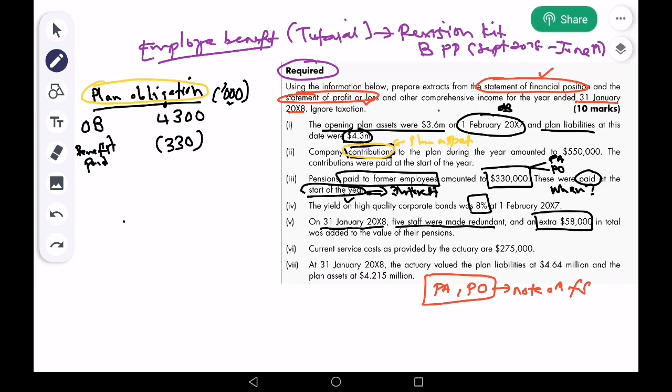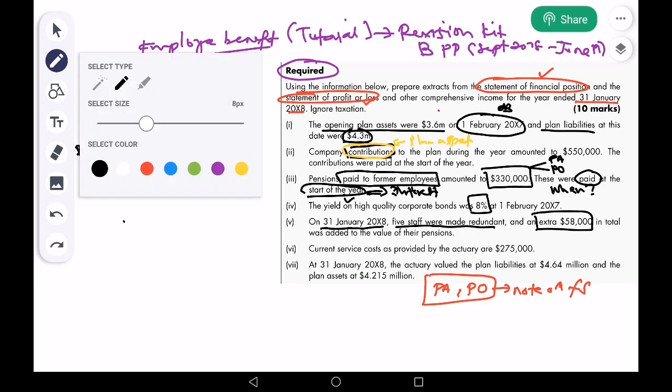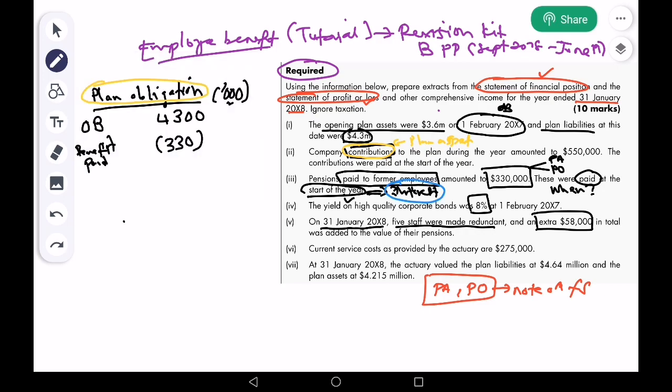Next is interest, which will affect your interest. So when you calculate your interest, class, remember the interest will be 8% times 4,300 minus 330. Why do you minus 330, class?